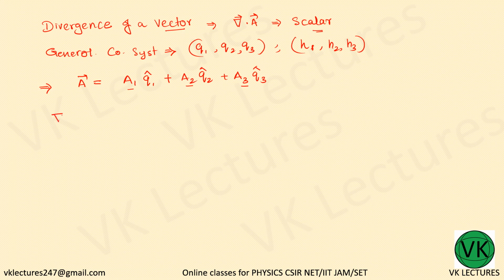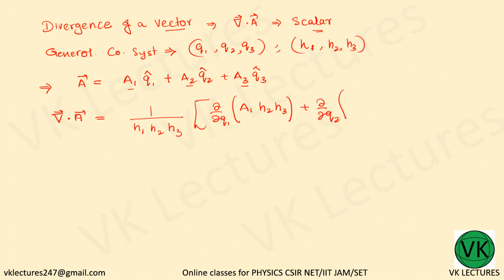Then you can write del dot A equal to 1 divided by h1 h2 h3, then the bracket, dou by dou q1 of a1 times h2 h3, plus dou by dou q2 of a2 times h3 h1, plus dou by dou q3 of a3 h1 h2.